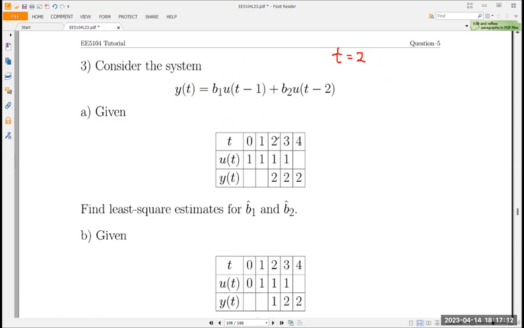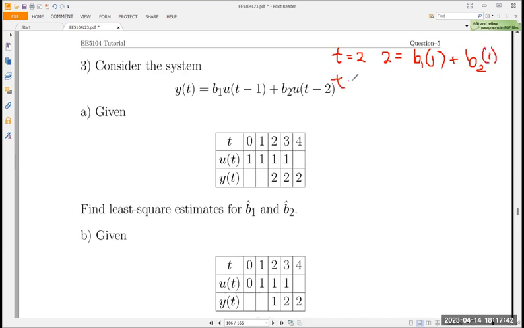At t equals 2, y, which is 2, equals B1 times u at t minus 1. So t minus 1 is 1, so it's 1, plus B2 times u at t minus 2, which is 1.